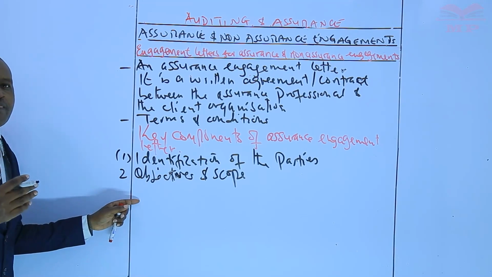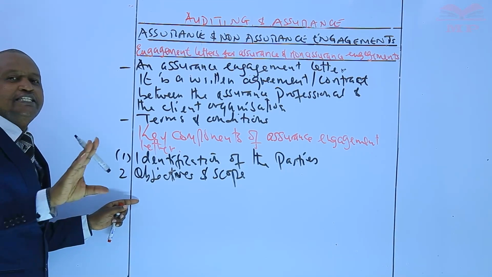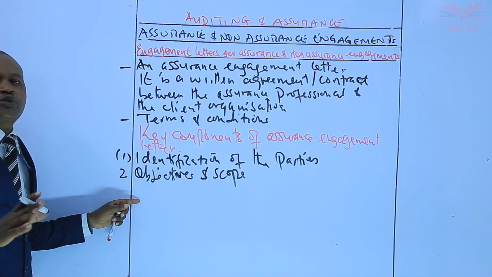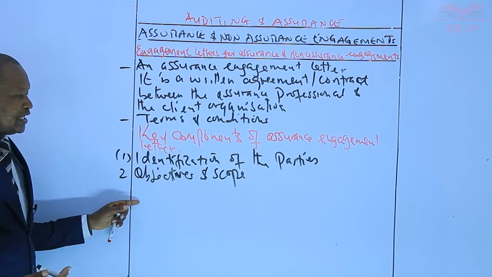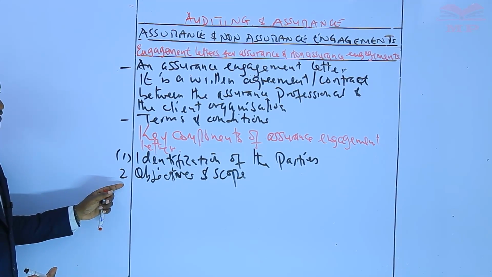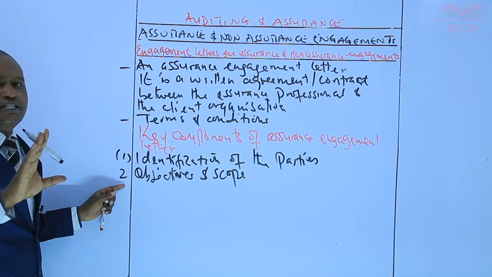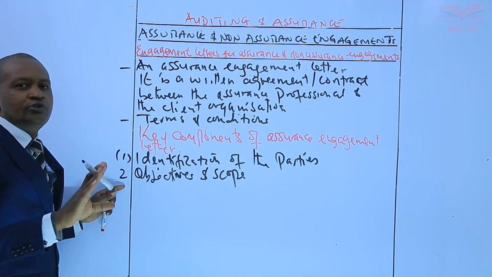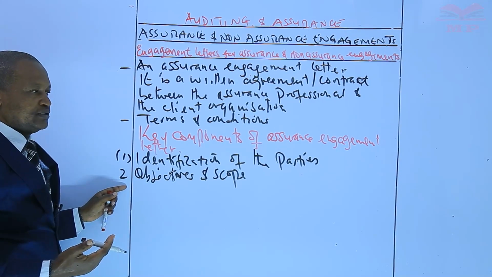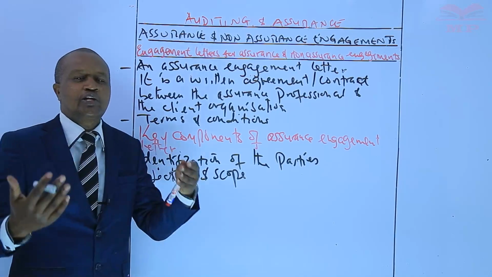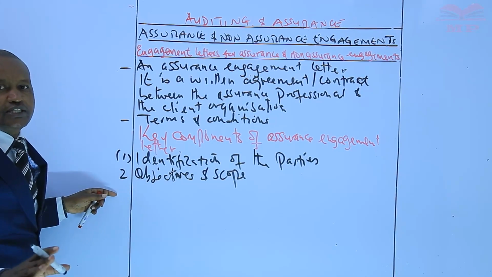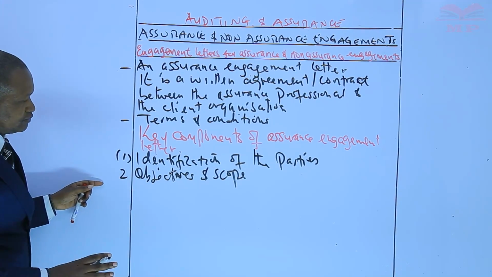Do you understand? As well as the criteria against which it will be assessed. And the section on objectives and scope also defines the scope of the engagement, which may include limitations and exclusions.